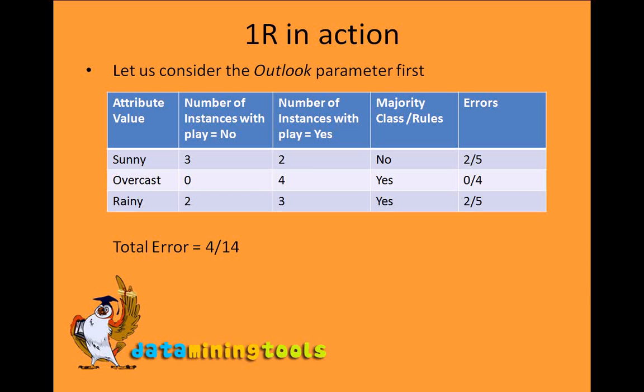As you can see, 3 plus 2 is 5, and so the error will be 2 by 5. 2 is basically the number of instances where play equals yes. This step is repeated for each value of attribute outlook, and in the end the total error is basically the summation of the 3 errors, which is 4 by 14.